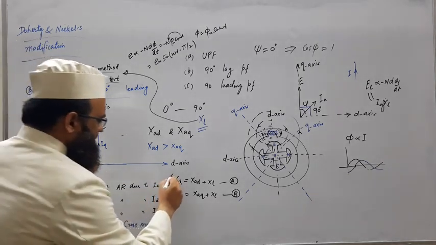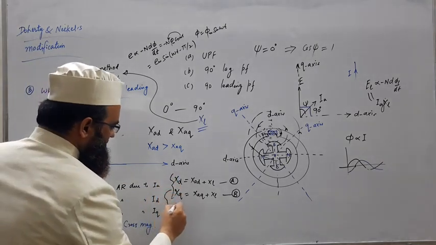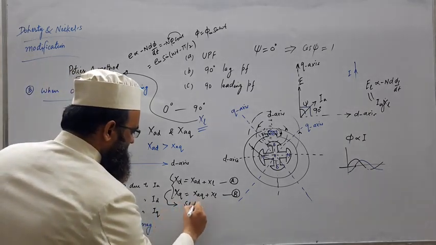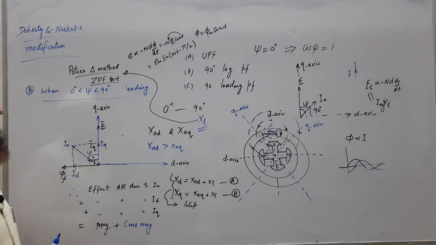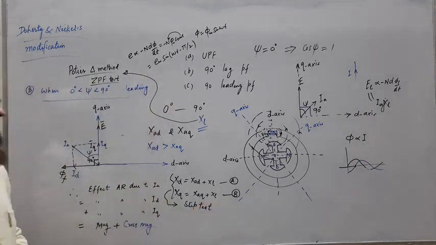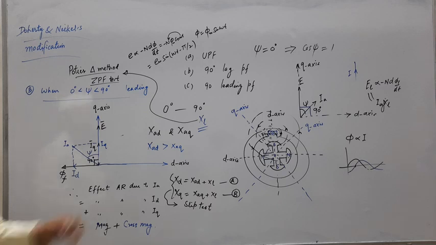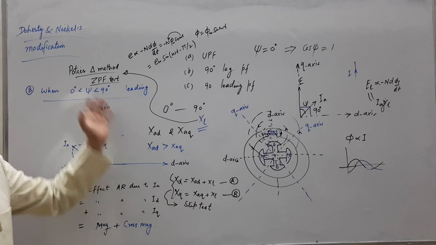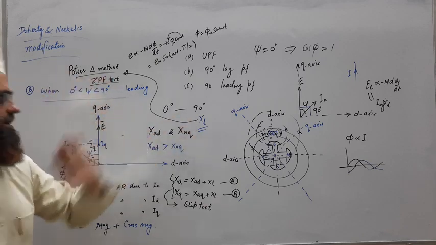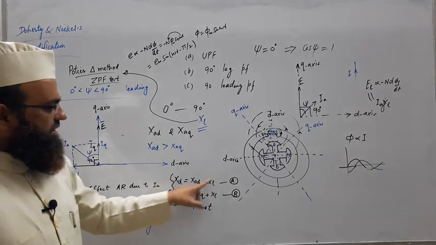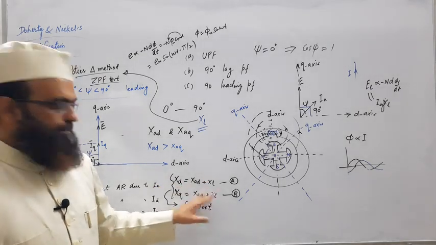These two, XD and XQ, will be determined by using the slip test. We will study in our upcoming lecture what is the slip test. So by performing these two tests, the zero power factor test with the Potier triangle to obtain XL, and the slip test, now we know XD, XQ and XL.